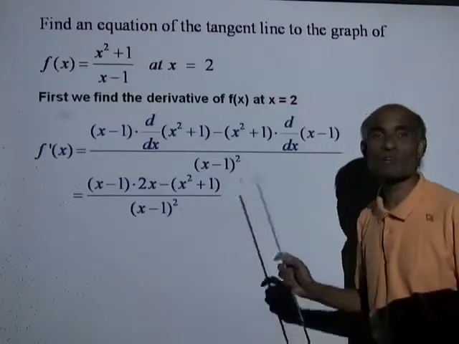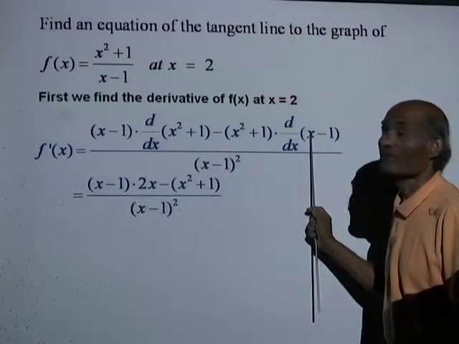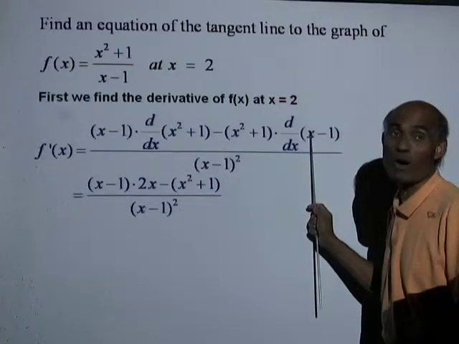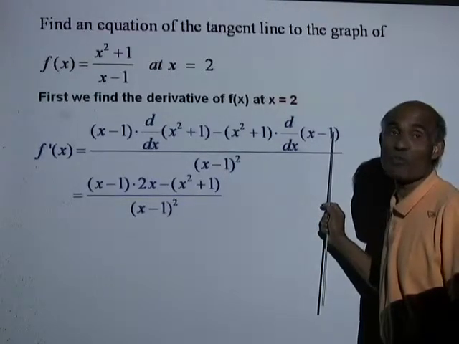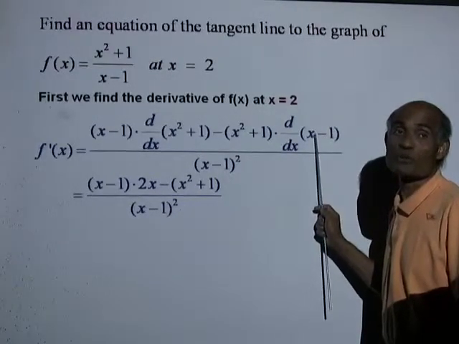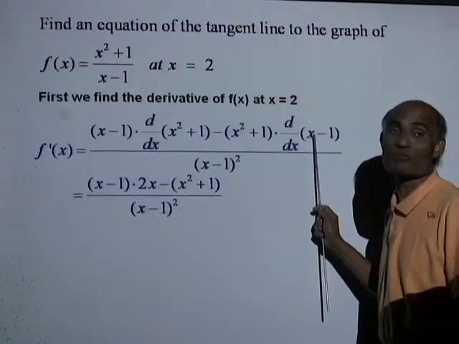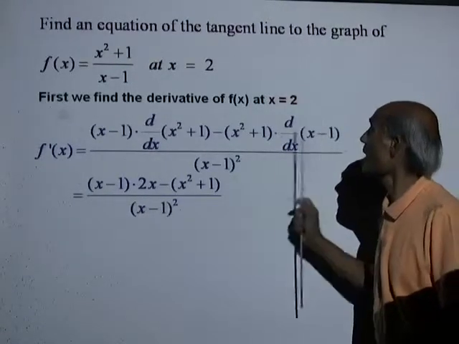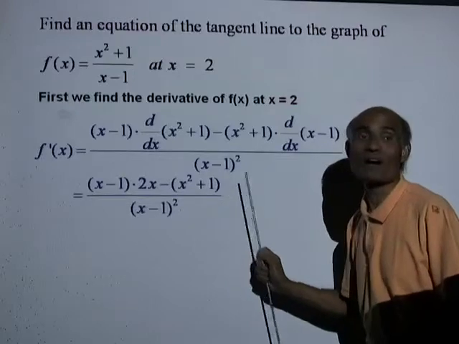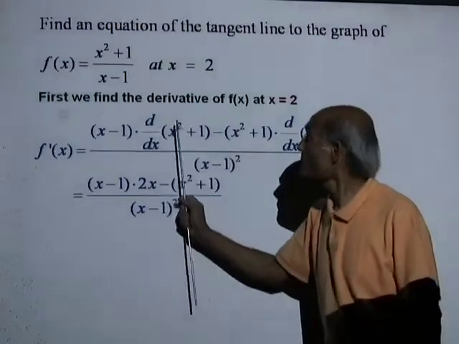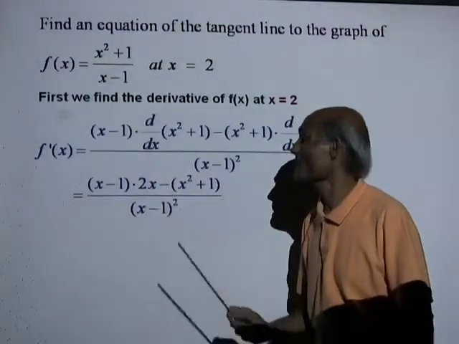What is the derivative of x minus 1? The derivative of x is 1 and the derivative of 1 is 0. So the derivative of x minus 1 with respect to x is 1. Then x squared plus 1 times 1, all over the square of the denominator.